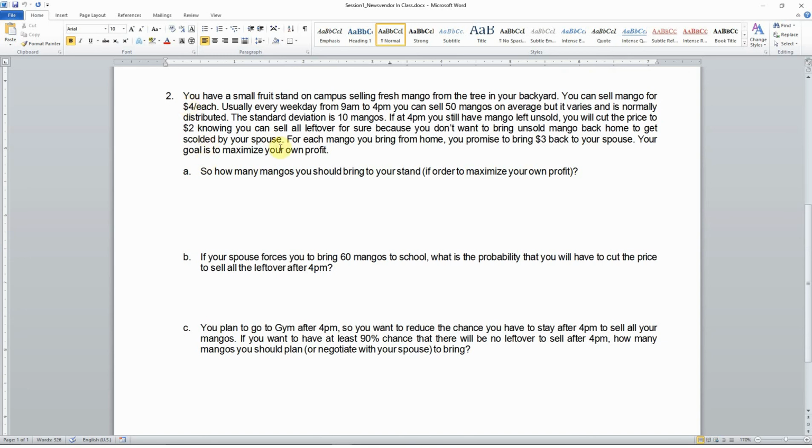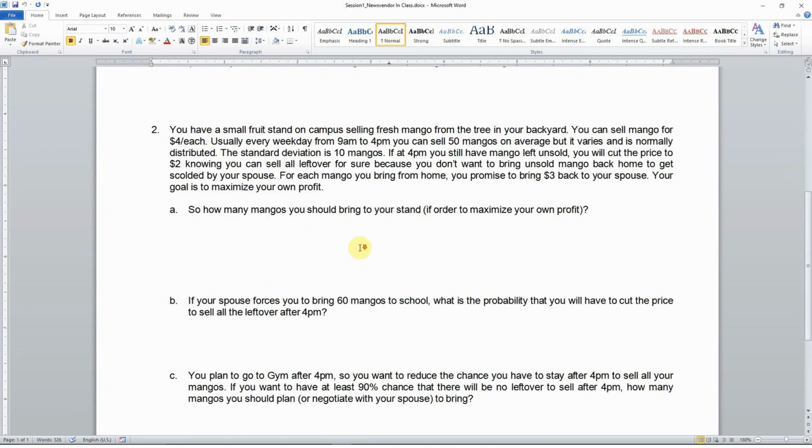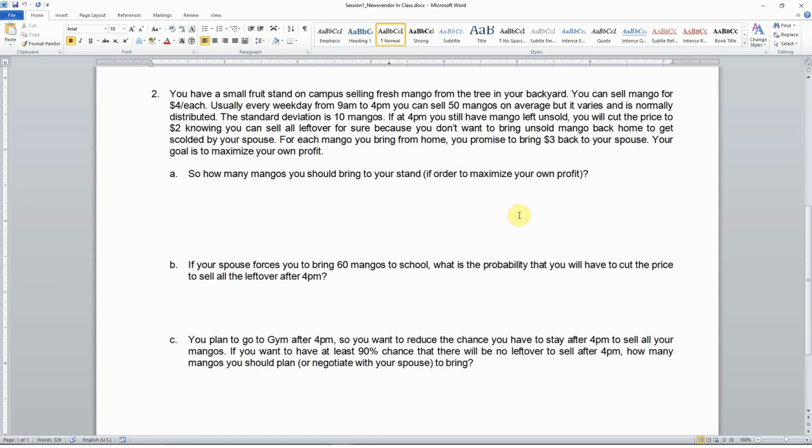In this case, we have a small fruit stand on campus selling fresh mango from the tree in our backyard. We can sell mango for $4 each. And usually every weekday from about 9 to 4, we can sell 50 mangoes on average, but it varies and is normally distributed with a standard deviation of 10 mangoes.